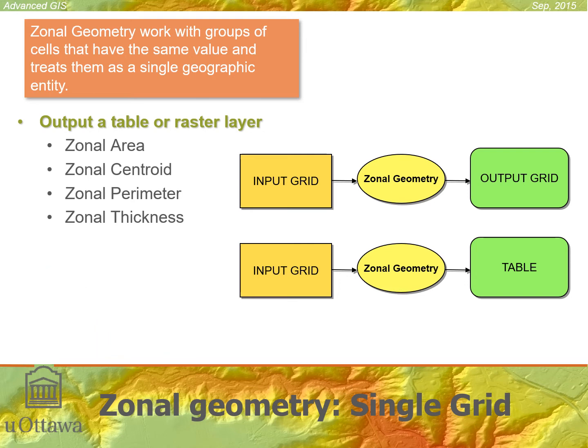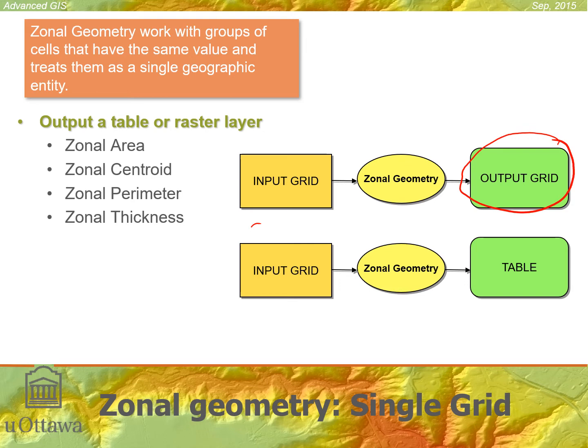So area, centroid, perimeter, mostly area and perimeter are used a lot with zonal geometry. So you input a grid and it outputs an output grid where each zone has that summary statistic of the geometry associated to each value in the zone.